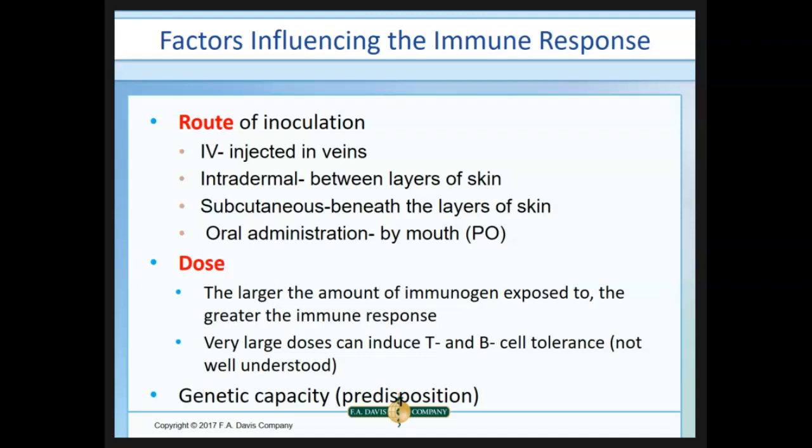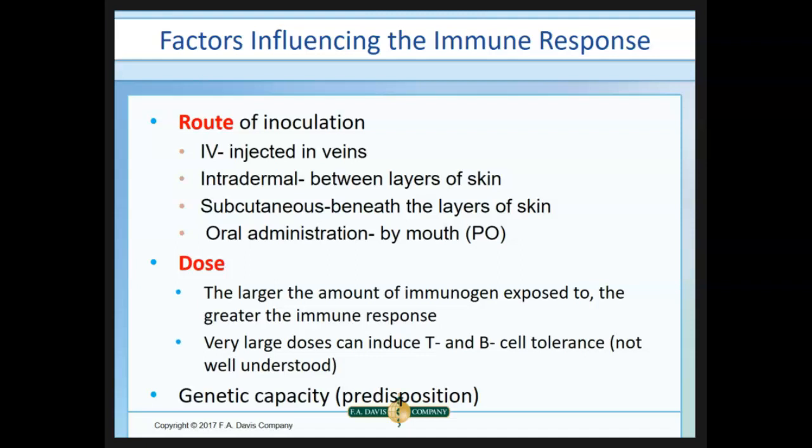The dose of the antigen is going to influence the immune response. Usually, the larger the amount of the immunogen exposed, the greater the immune response. Although there is one caveat: if the dose of the antigen is so large that it overwhelms the immune system, T cells and B cells may become tolerant.